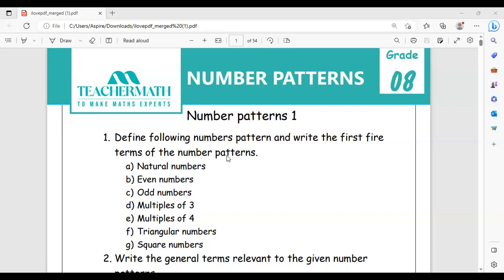Okay, define the following number patterns and write the first 5 terms. Okay, it should be 5 terms of the number pattern. Natural numbers. Natural numbers mean they are counting numbers.